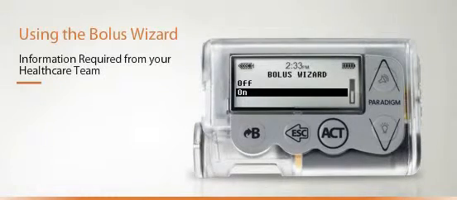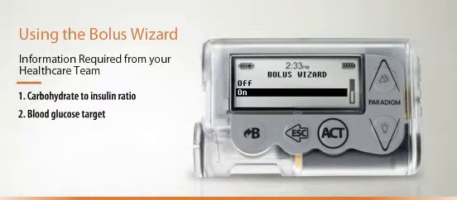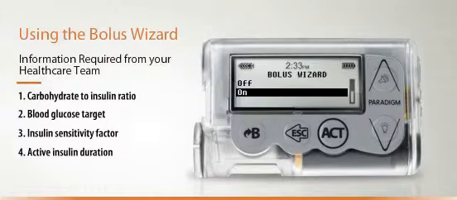You will then need access to the following information: your carbohydrate to insulin ratio or carbohydrate exchanges, your blood glucose target, your insulin sensitivity factor, and your active insulin duration.